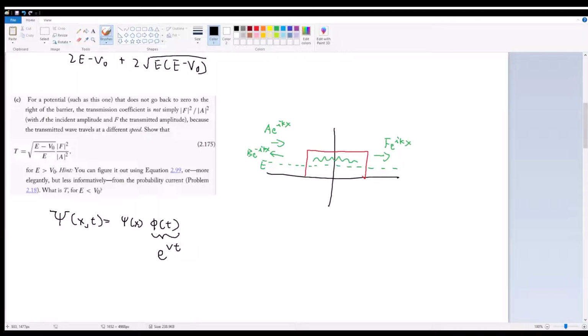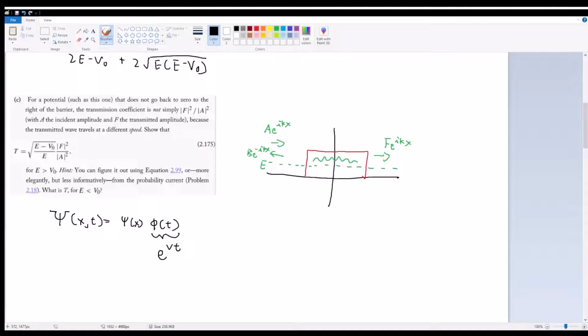And, because the full solution is e to the ikx plus or minus vt. So the speed is intrinsically included in phi, which isn't part of our calculations because we have always been doing everything via psi. So because of that, this method doesn't actually work properly for our step well where v is not going to 0 infinitely far away.